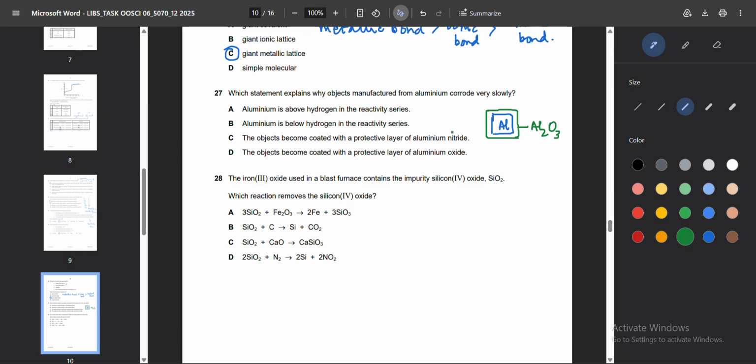It's a tough covering, a protective covering that protects aluminium from further rusting. So that makes option D the correct one, that the objects become coated with a protective layer of aluminium oxide.